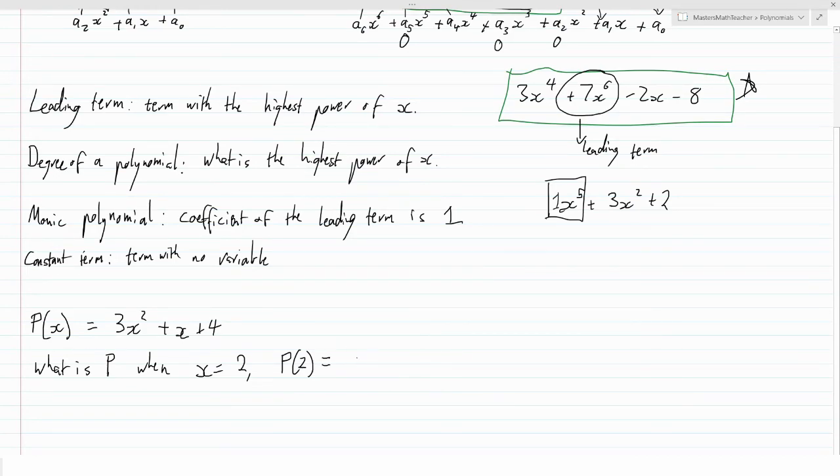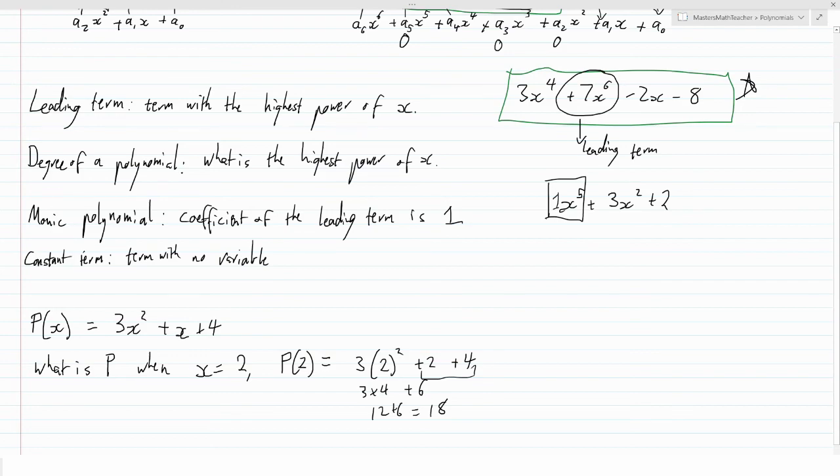So p of 2 equals 3 times 2 squared plus 2 plus 4. So 3 times 4 plus 6, just grouping those two. 12 plus 6, and we get 18. Okay, so that's how we use this notation. It's the same way as we did with functions. We're just using different letters, so we tend to use p or q.